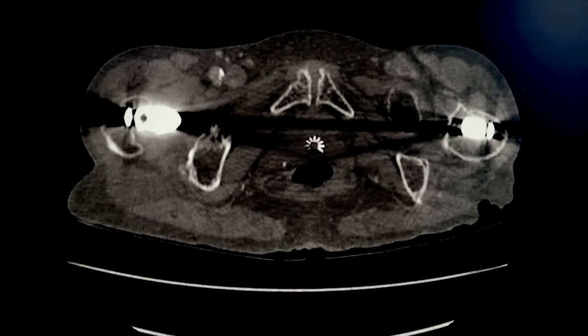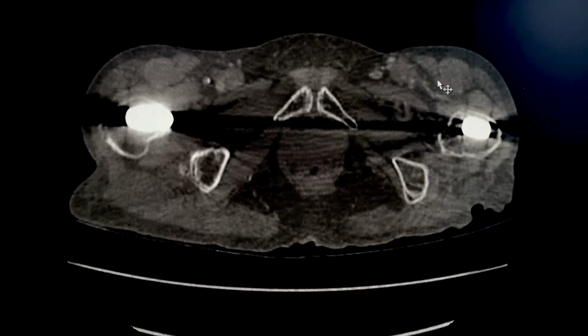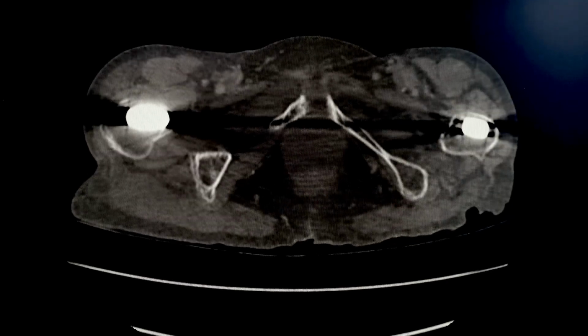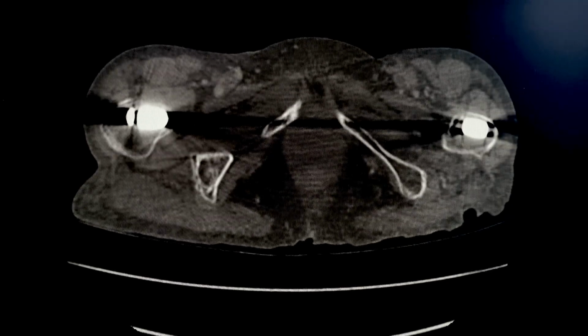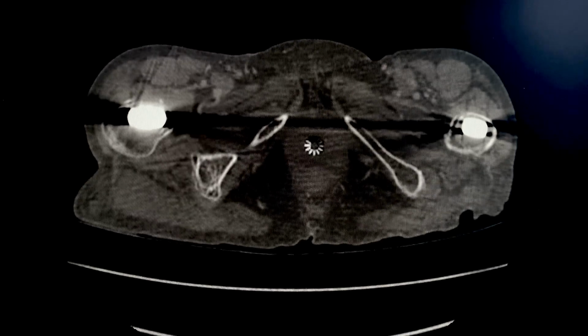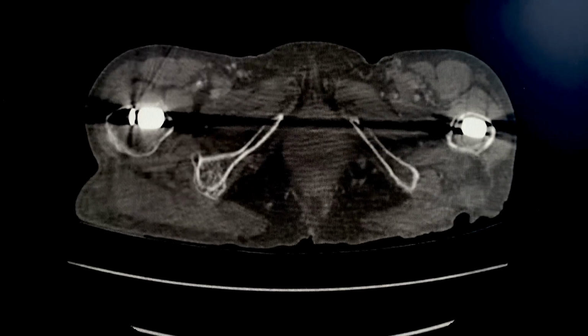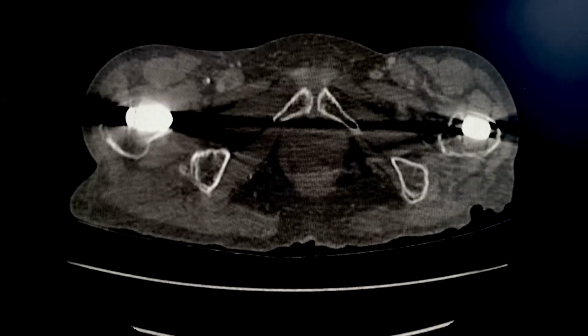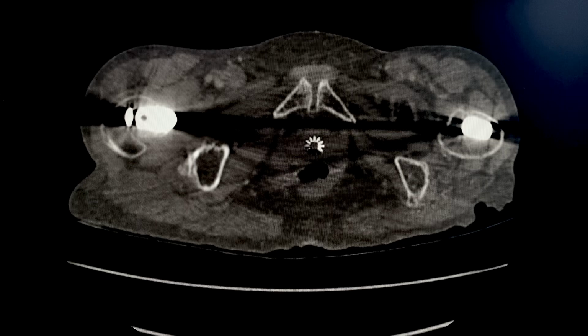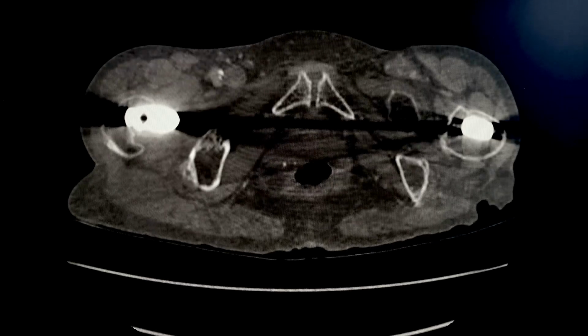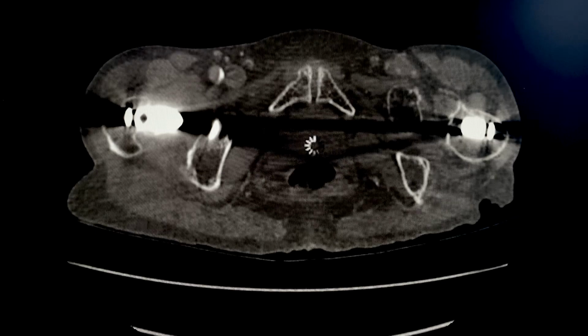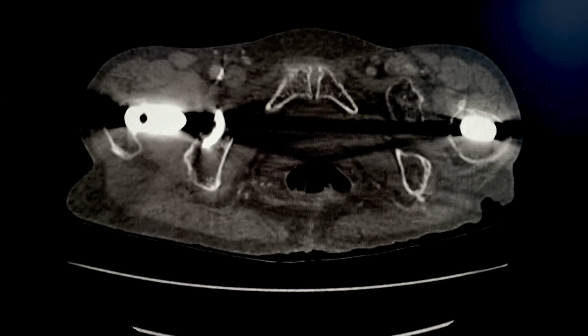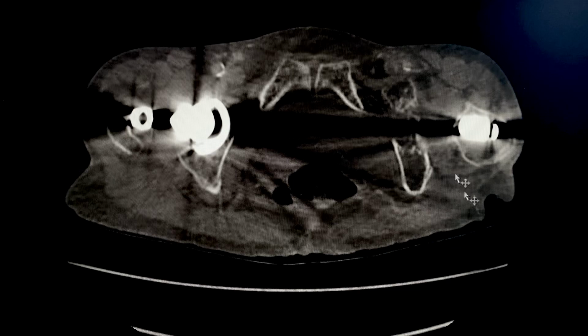And then, as you can see, this one is the femoral veins, running parallel to the common femoral arteries. So you can see that the common femoral arteries and the superficial femoral arteries are all blocked.